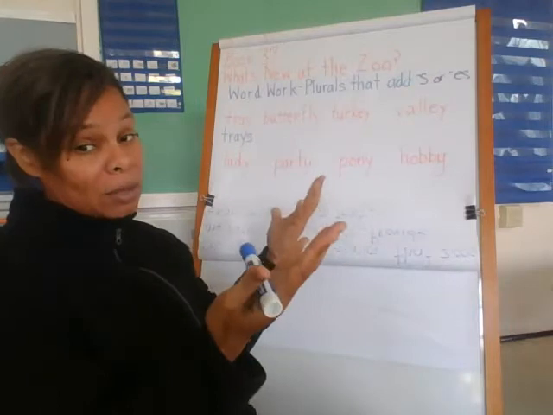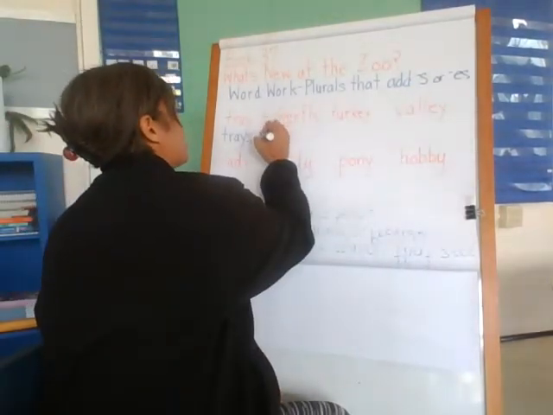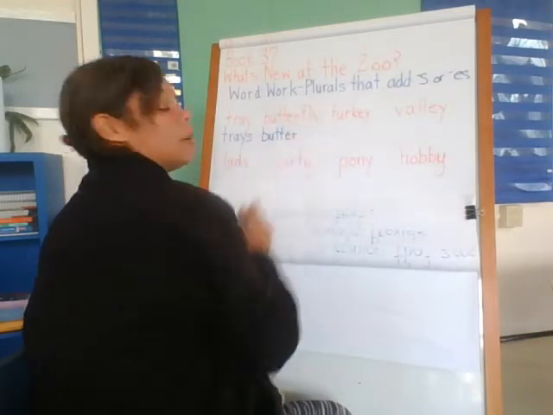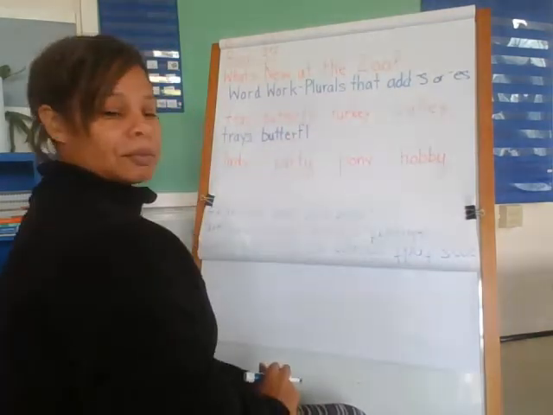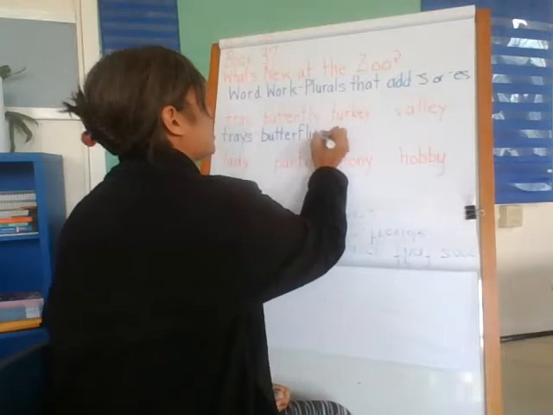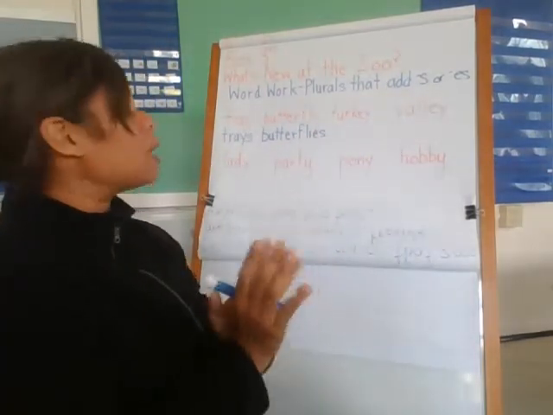So that's what I learned as a little girl. Drop the Y, add IES. Drop the Y, add an IES to make it butterflies. With me so far? Okay.